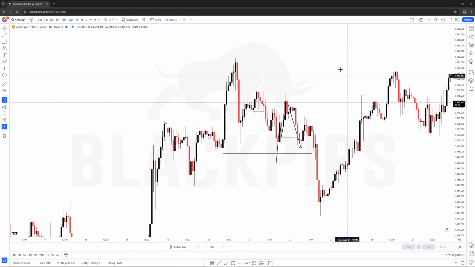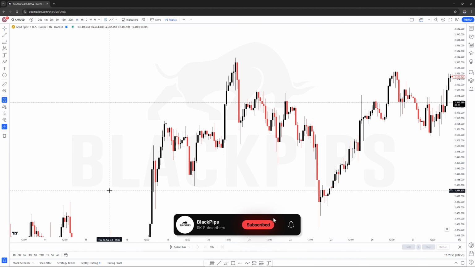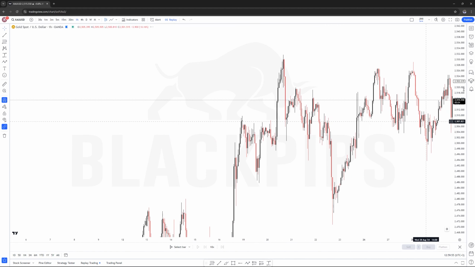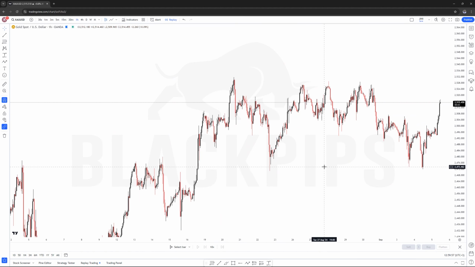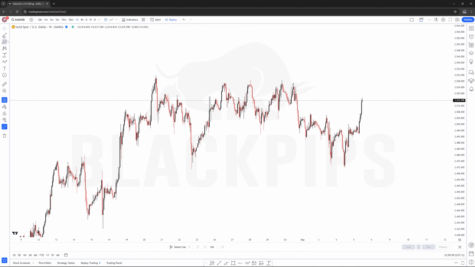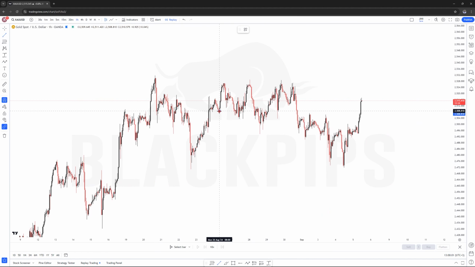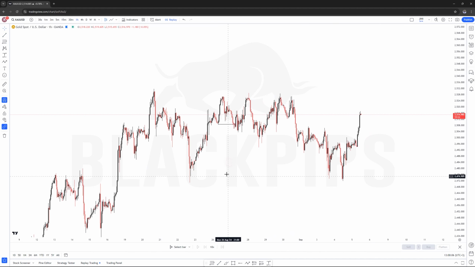So I'll talk in detail in the swing point session. But also we have this transition here. As you can see, the market also changes character from this point here. But also we have this transition here.